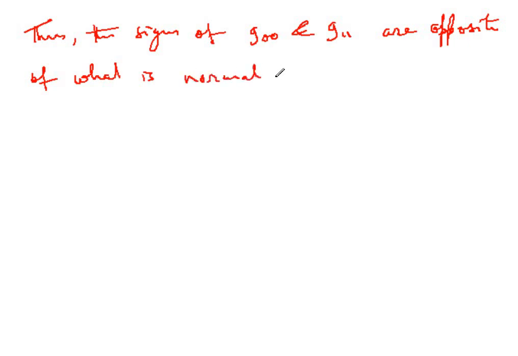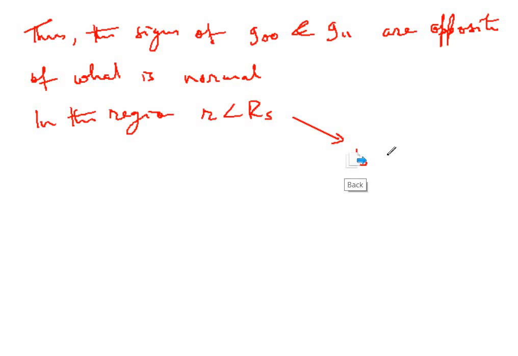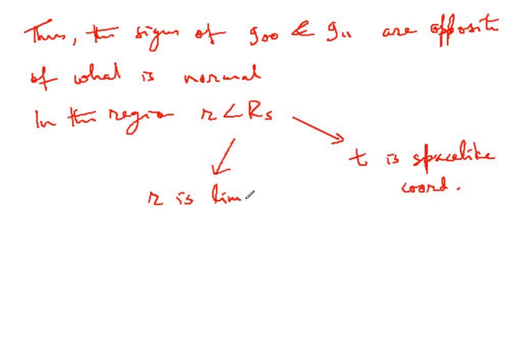Now accordingly, in the region R less than Rs, what happens is that T is a space-like coordinate and R is a time-like coordinate.